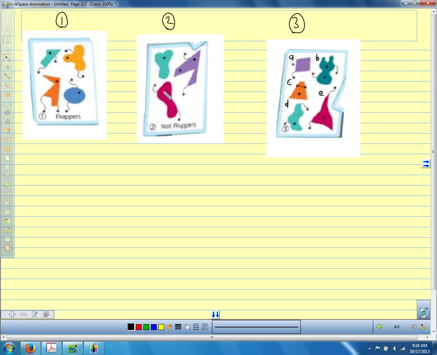Looking at these two cards, these are floppers, these are not floppers. Would A be a flopper? A couple people say no. Why would this one not be a flopper? What's wrong with this one? What do you think, Brian? It doesn't have a dot inside. The dot is outside and it only has one of the little leg things. How about B? Would B be a flopper?